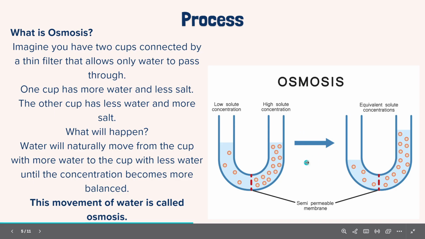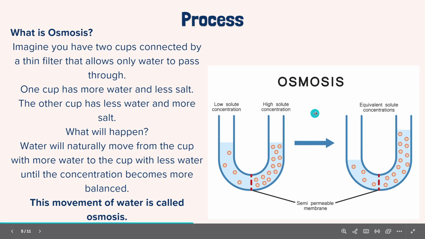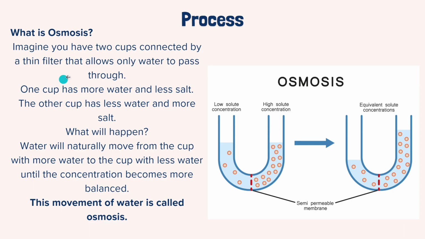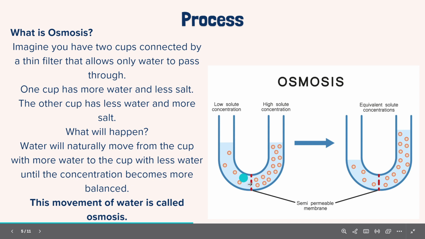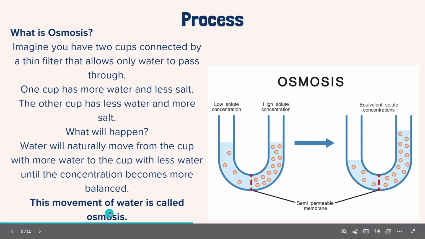But what do we see? After some time, the water starts moving from the low solute concentration to the high solute concentration, and it keeps moving until we reach equal solute concentration on both sides. So what does it mean? This flow of water from the region of low solute concentration to the region of high solute concentration is referred to as osmosis.